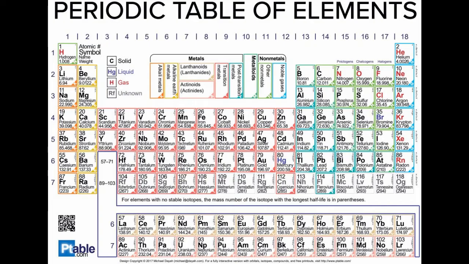Now, we've talked about that force pulling things together. So if you look at lithium, lithium has 3 protons and 3 electrons, and oxygen has 8. So which one has a stronger force pulling them together? Oxygen. There's a lot more charges, so it's a lot more pull.